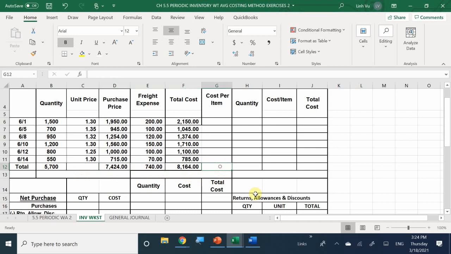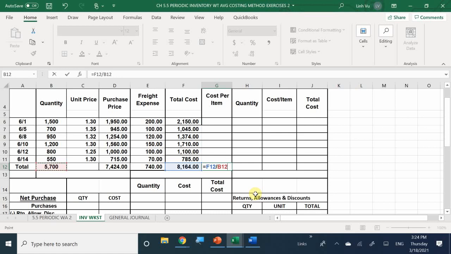$8,164 divided by 5,700. Okay, that gives us a... Are we rounding this or are we just doing the round method now? No, we never round until the end. Or at least that's how I think you guys should look at it.